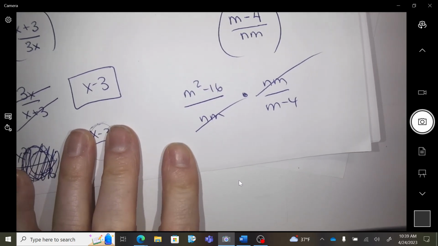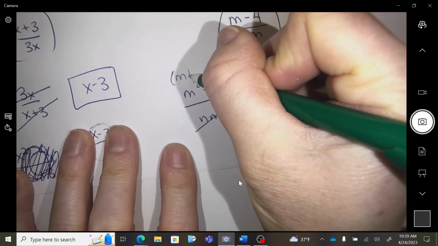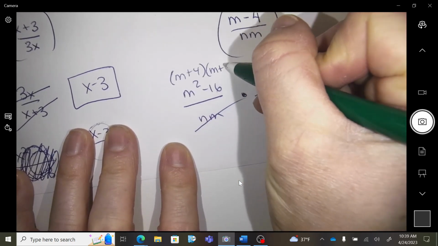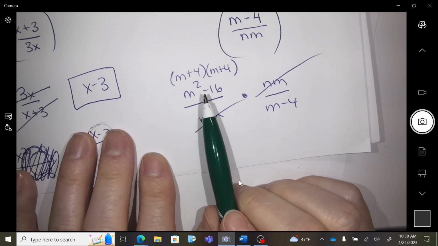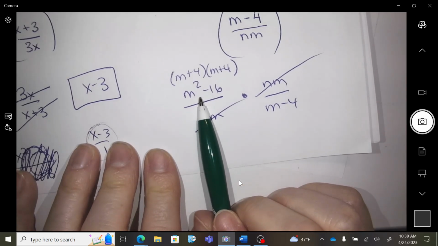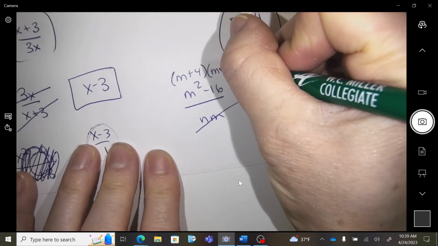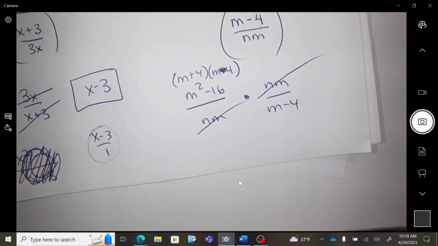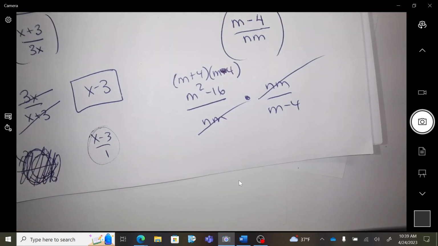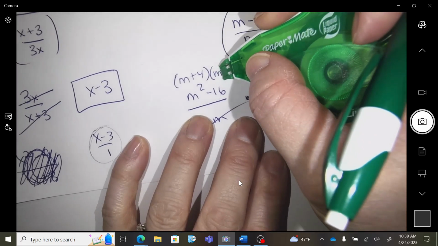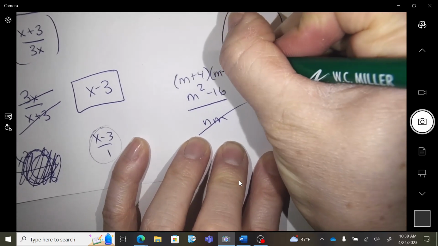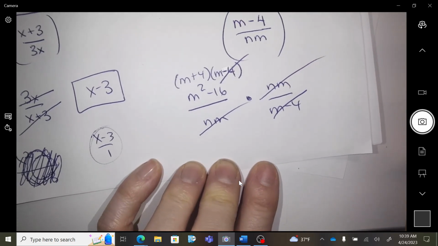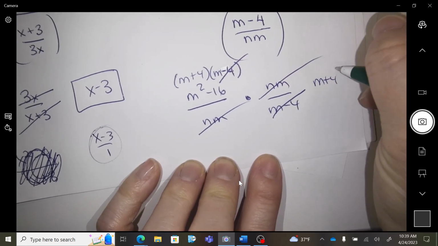And again, this would factor. It's the difference of squares, plus minus. Cancel, and you get an m plus 4.